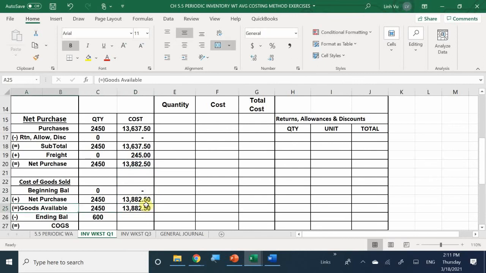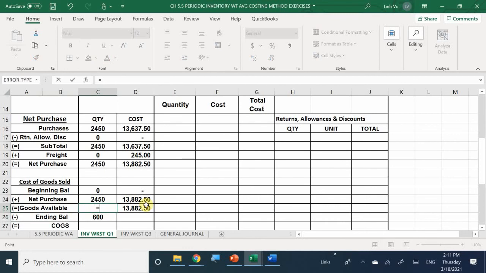All right, re-enter my formula. So it's this. Beginning plus your net purchases gives you your goods available. So beginning plus my net purchases gives me my goods available.